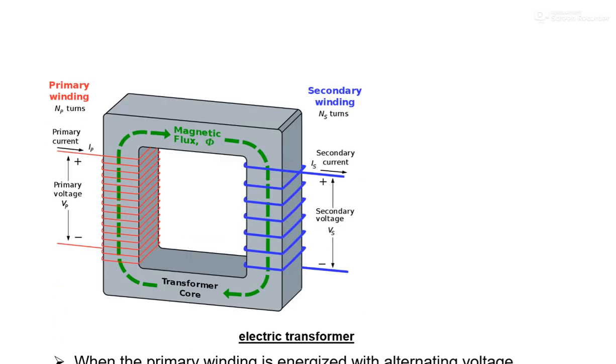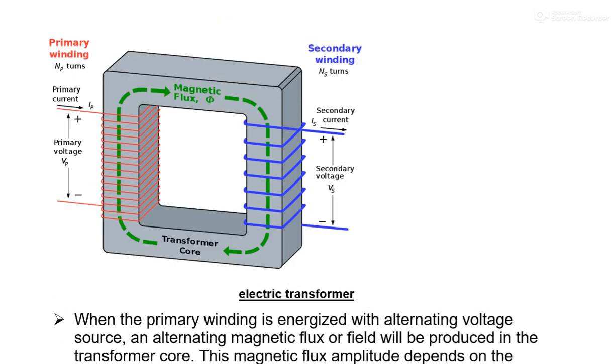So next, see this figure first of all. Here, as we talked about, there is a magnetic core, which we call the transformer core. This slight blue color core over here is called the magnetic core or transformer core, on both opposite sides of which a coil is wound.